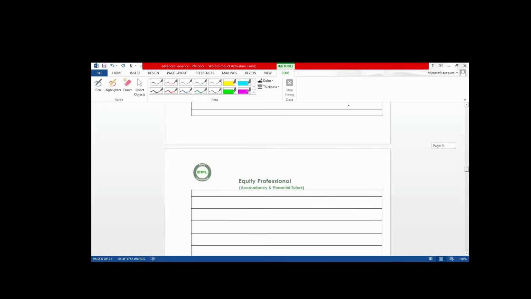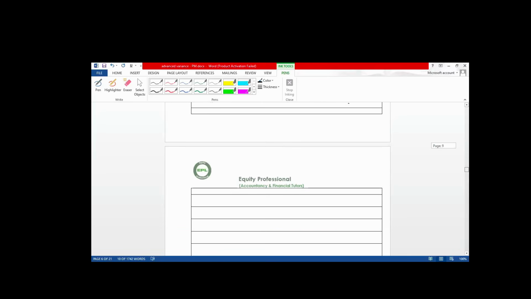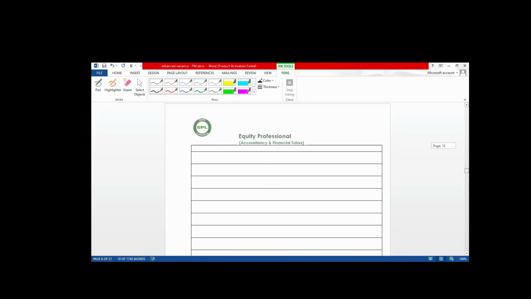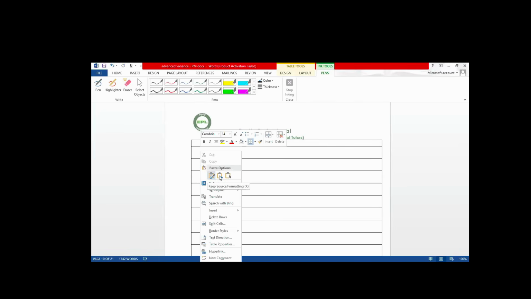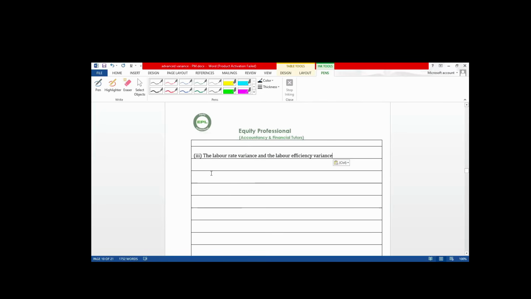You are likely to have a question on variance in your exam. It was tested last night. They are still going to repeat it there. Variance and budgets are always the starting point of the syllabus.